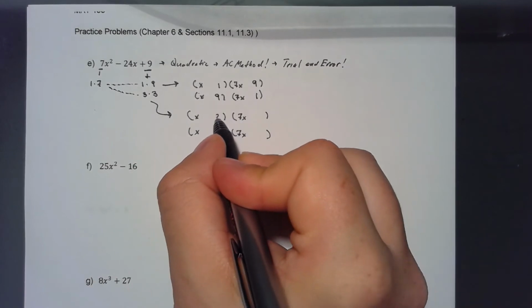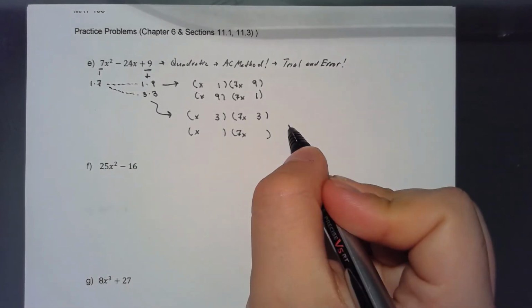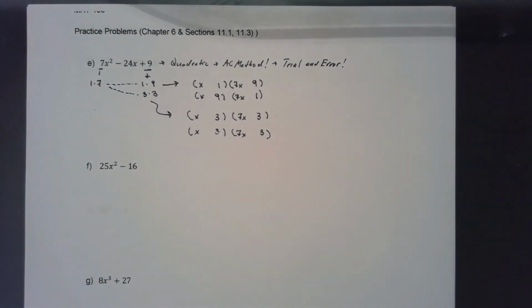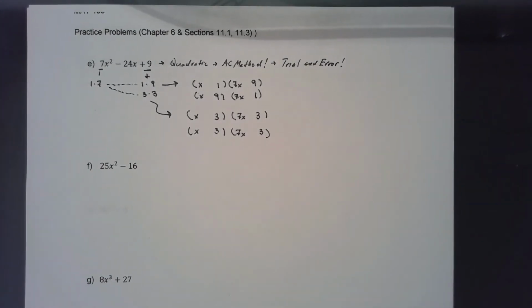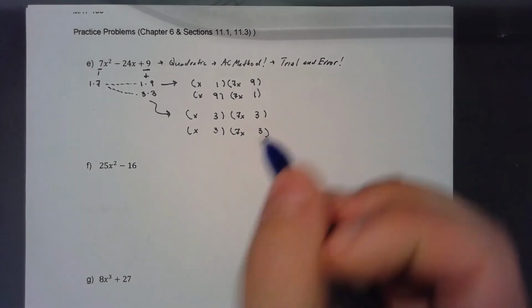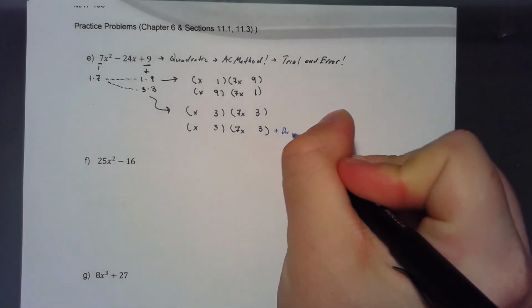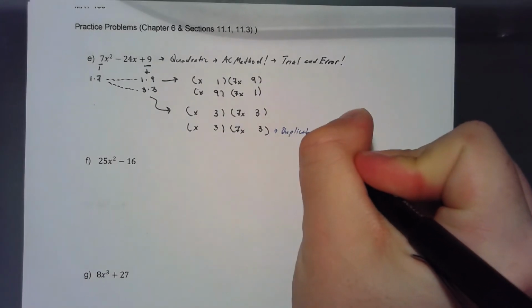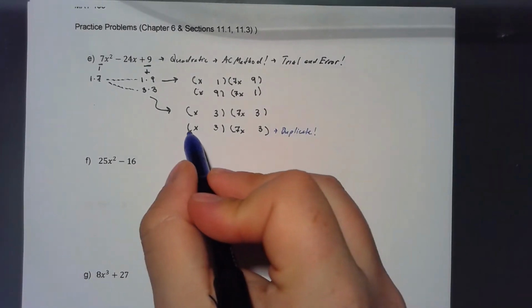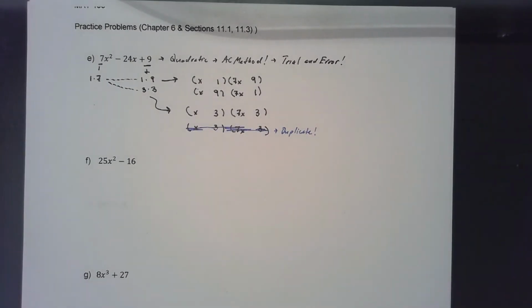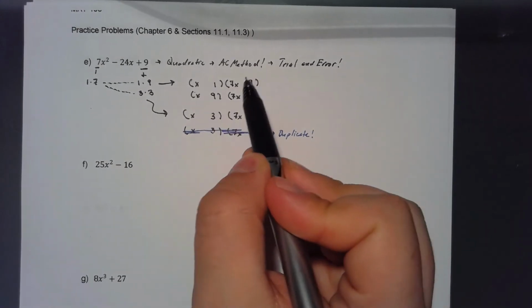Then in the next one I have a 3 and a 3, and if I flip the 3 and 3, I still get a 3 and a 3. Remember I said in your notes, sometimes you'll get a duplicate case, and that's what happened here. So I could just get rid of one of them. Really I only have 3 to check.